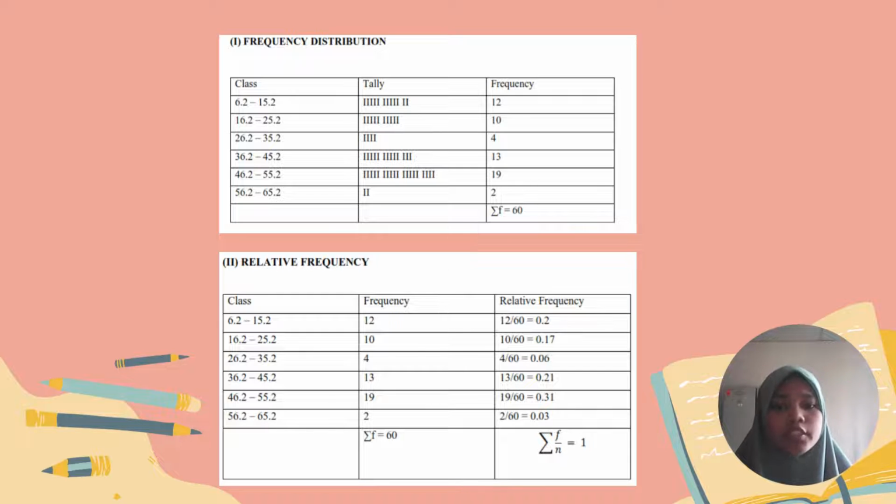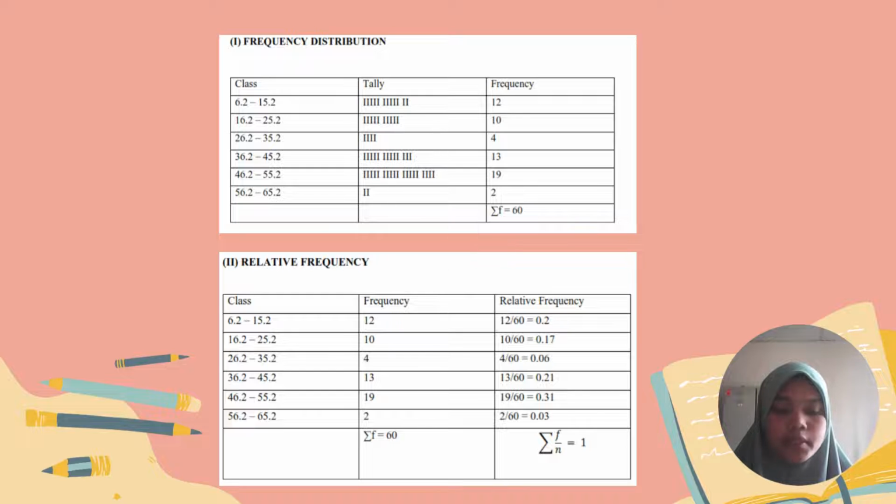For relative frequency, the important parts are class, frequency and relative frequency. After the sum of frequency is 60, how do we calculate the relative frequency? The relative frequency uses the formula: frequency divided by the sum of frequency. So we will get the answer.